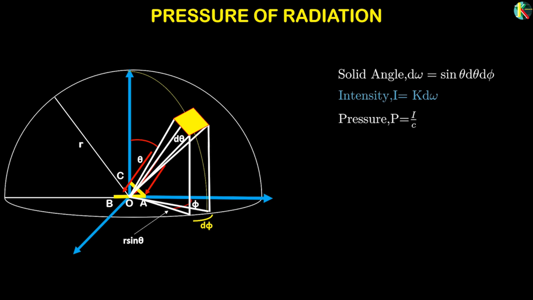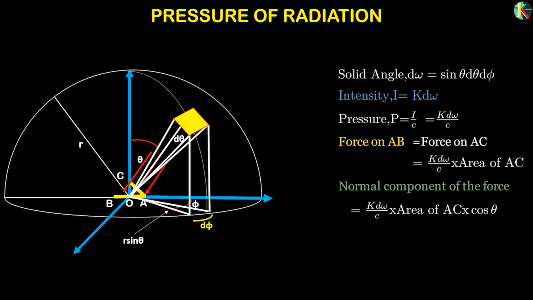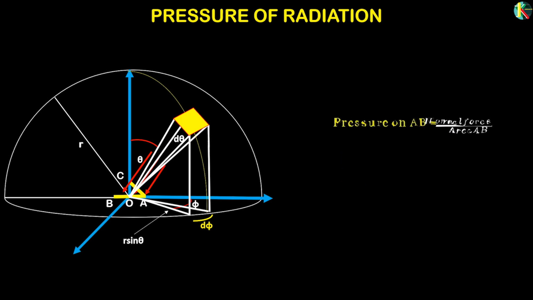So pressure on AC due to radiation from theta phi is k d omega by c. Now force on AC will be the same as force on AB. The normal component of the above force is k by c multiplied by d omega multiplied by AC cos theta. Pressure on AB due to radiation incident normally on it from theta and phi is therefore given by this equation.